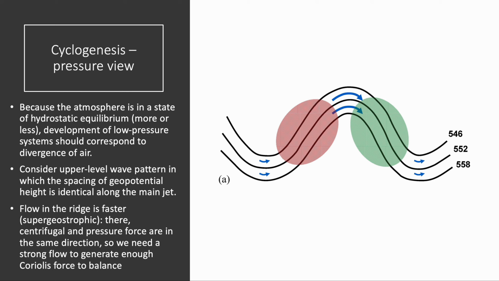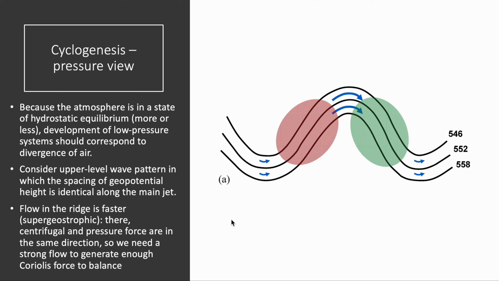And here it's relevant because, what we want to consider here is that when we consider the jet, and we consider in this case a simple wave pattern in the upper levels, and the black lines are schematic representations of 500 hectopascals geopotential height.